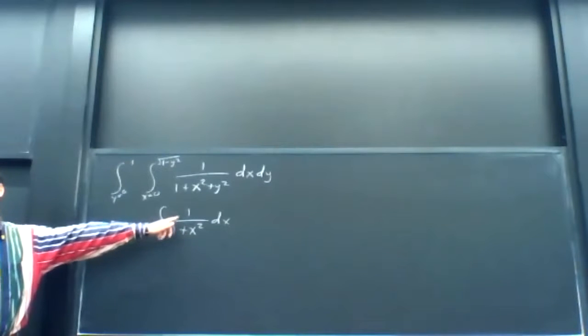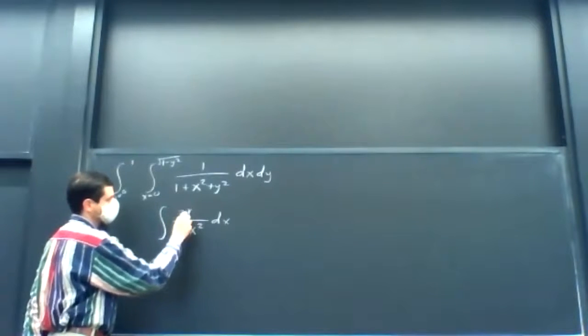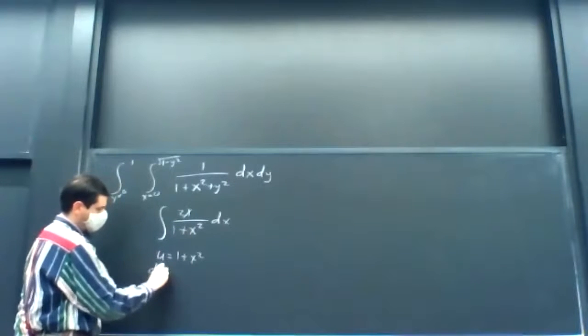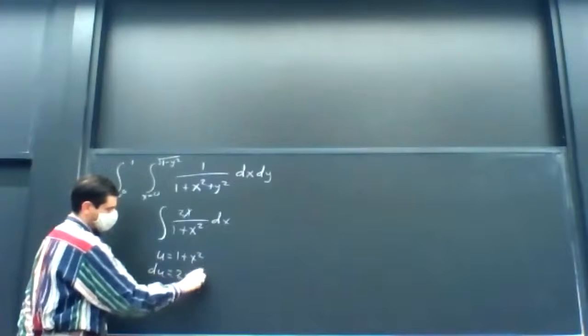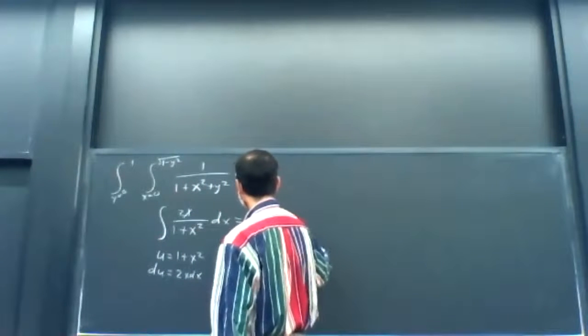I'd love to have a 2x upstairs, right? Then I could do a u substitution. If I had a 2x, I could let u equal 1 plus x squared, du would be 2x dx. And so this would then become the integral of 1 over u du.